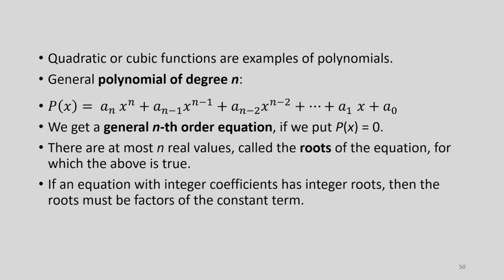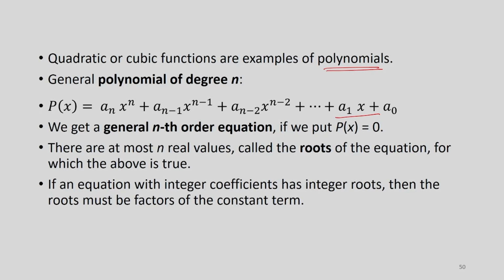Now, quadratic or cubic functions are examples of what are known as polynomials. A general polynomial of degree n is given by this: p(x) = a_n x^n + a_(n-1) x^(n-1) + a_(n-2) x^(n-2), etc., etc., finally, a_1 x + a_0.